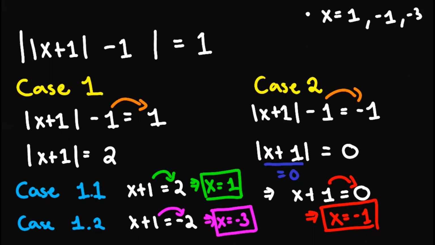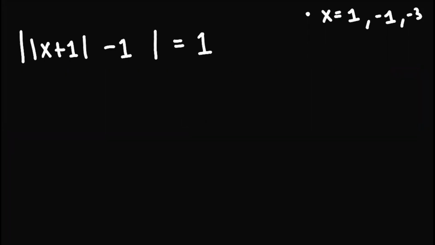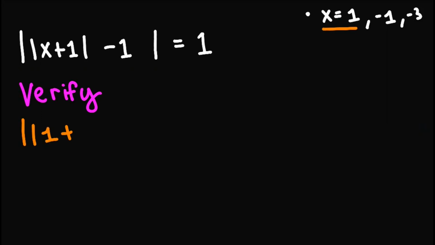Yep. So let's remove this one out here. And let's start verifying. So we are going to start with x equals 1. So for x equals 1, we'll have the absolute value of the absolute value of 1 plus 1, minus 1 rather.